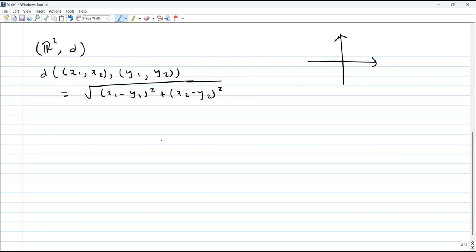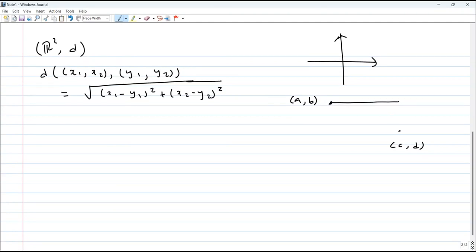But there are also other distance functions we can put in R2. And let's look at some other distances. Another distance between 2 points, say (a, b) and (c, d), is something like a taxi would drive on a road.